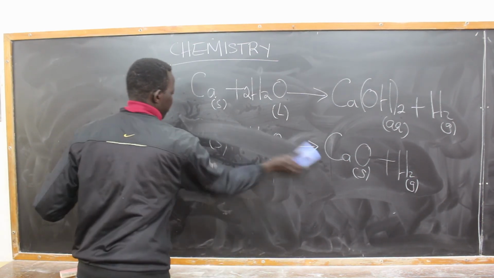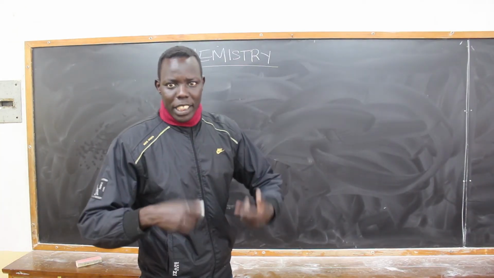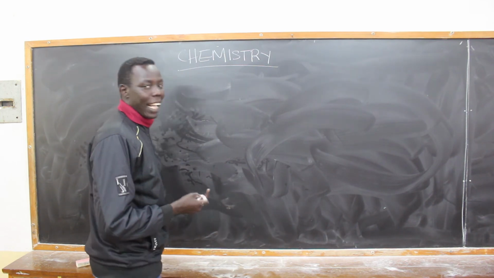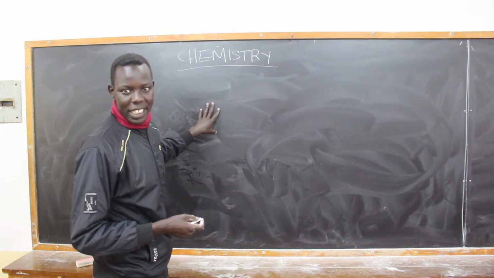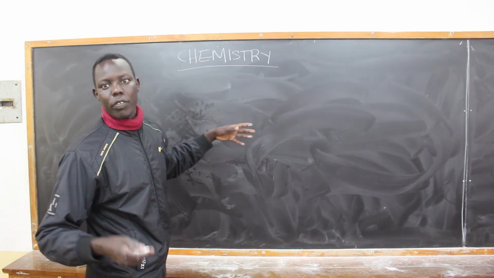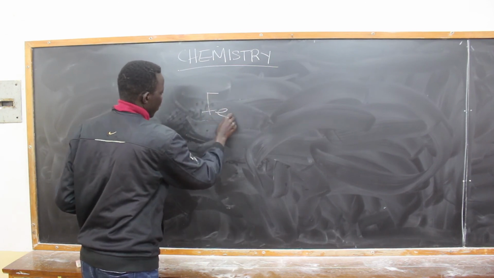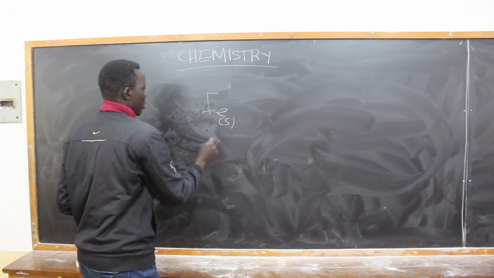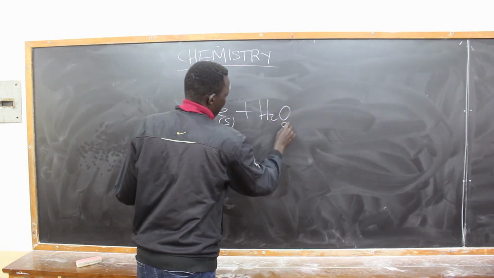Iron plus steam. Iron reacts with steam to give us, in a special case. And please be very careful with special case situations like iron and steam. The others give a normal oxide. Now iron reacts with steam.